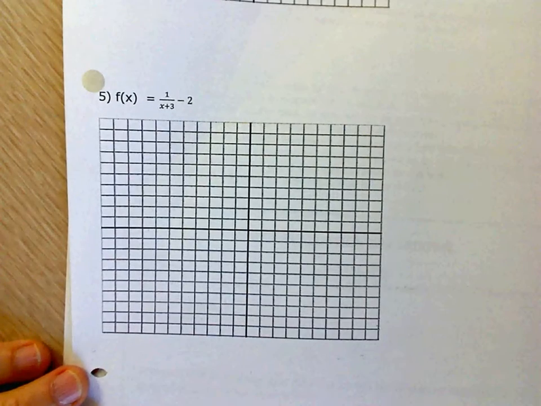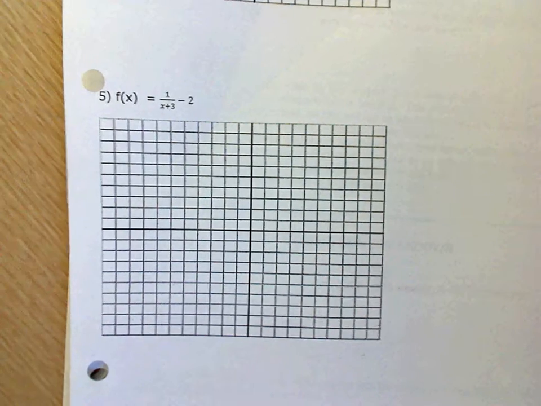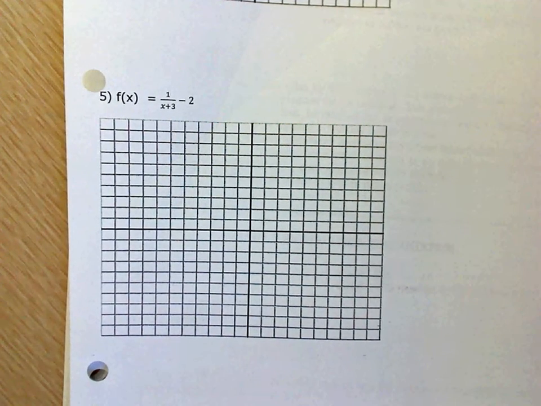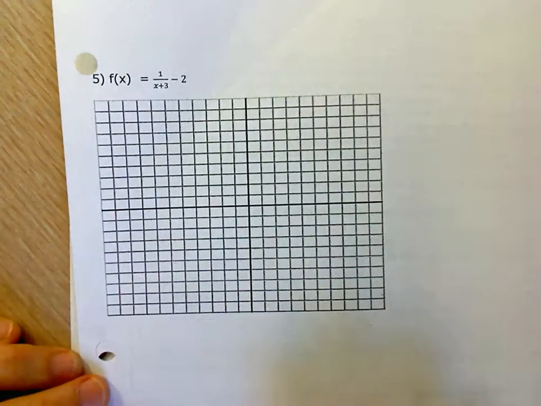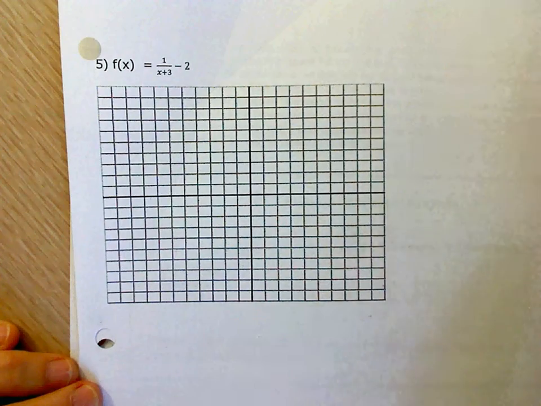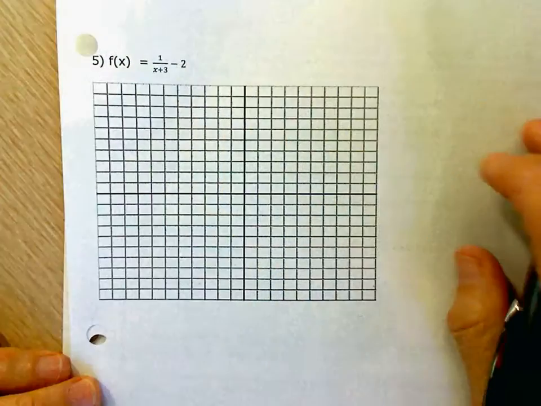Let's do number 5. Let's find it algebraically, then we'll find it graphically. It's going to be challenging because this is a challenging graph. It's a reciprocal function. So let's do it algebraically.